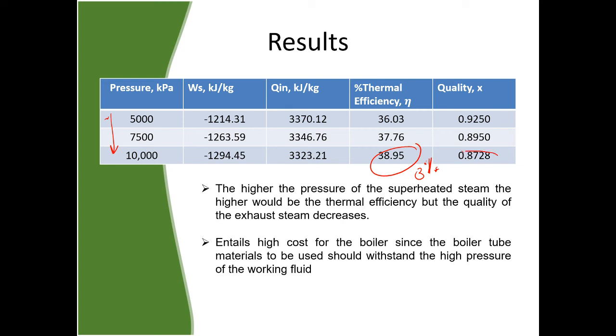Pero, ano nangyayari sa quality ng steam paglabas ng turbine? Bumababa yung quality ng steam paglabas ng turbine. So, again, gusto natin ng mas mataas na efficiency, pero ang drawback nun, kailangan mas magandang boiler, mas high quality materials ang boiler yung meron tayo, kasi to withstand the high pressure.